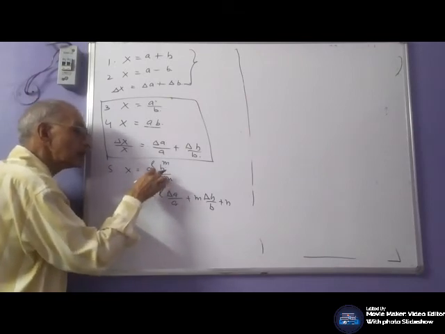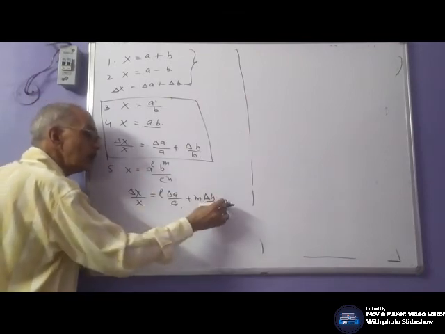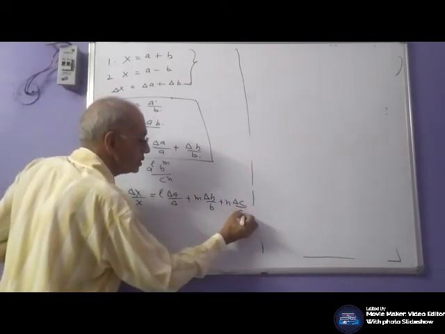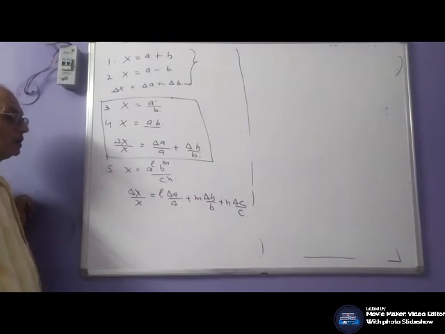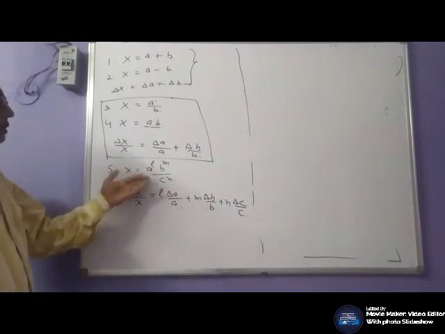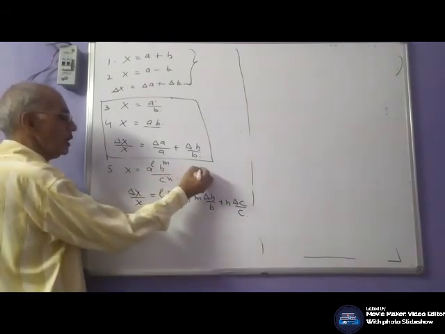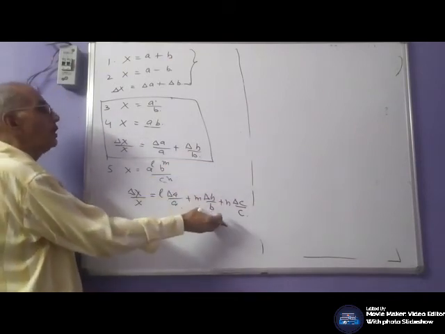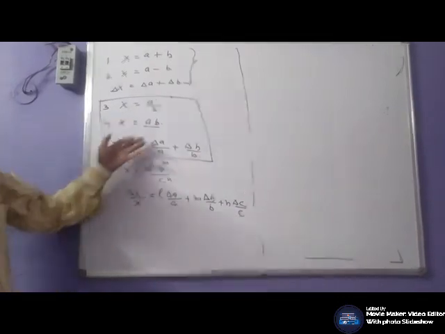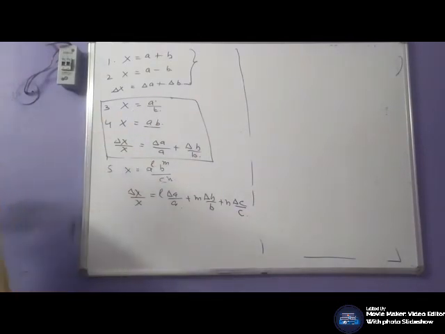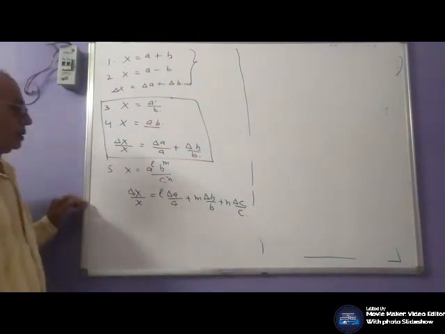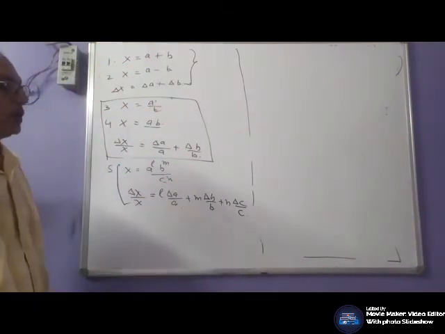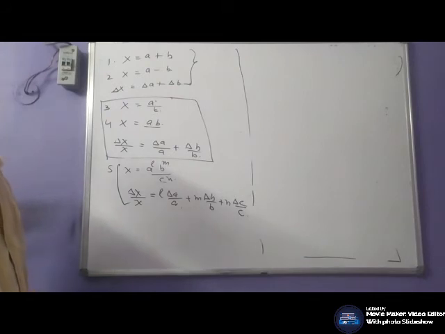If there is minus, even then there is plus delta c by c. So suppose here we write c minus n on top, we will not write minus, everything will be plus, whether it is division or multiplication, right? So you have to remember these things for numericals.